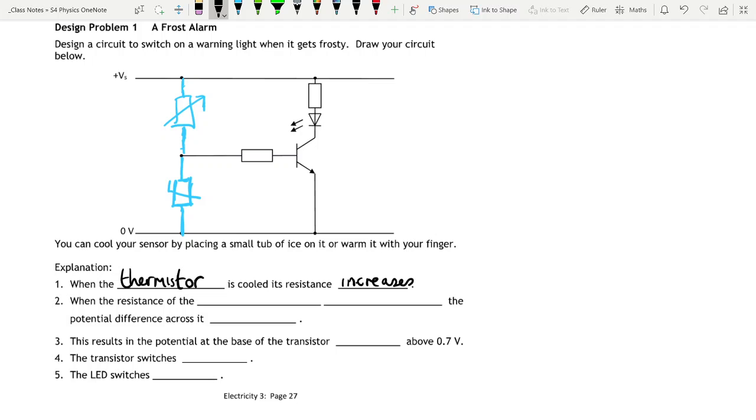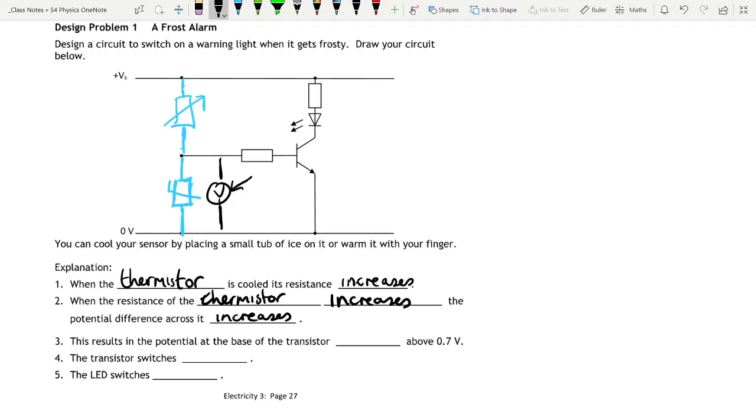So when the resistance of the thermistor increases, the potential difference across it increases. Remember, we're looking at this voltage. That's the voltage that's important for turning on the transistor.